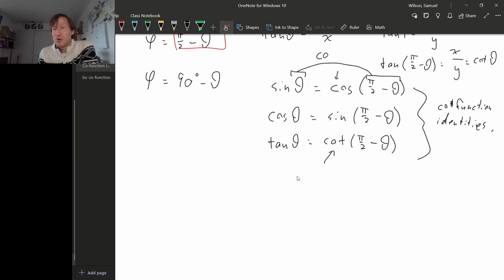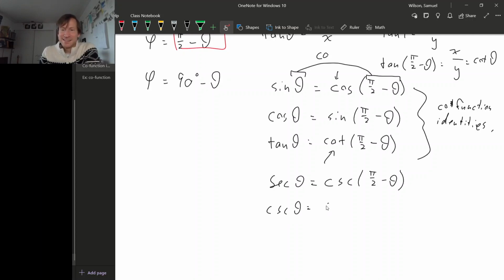There are actually some more cofunction identities. Secant of theta is cosecant of pi over 2 minus theta. Of course, cosecant theta is secant of pi over 2 minus theta, and cotangent of theta is tangent of pi over 2 minus theta.